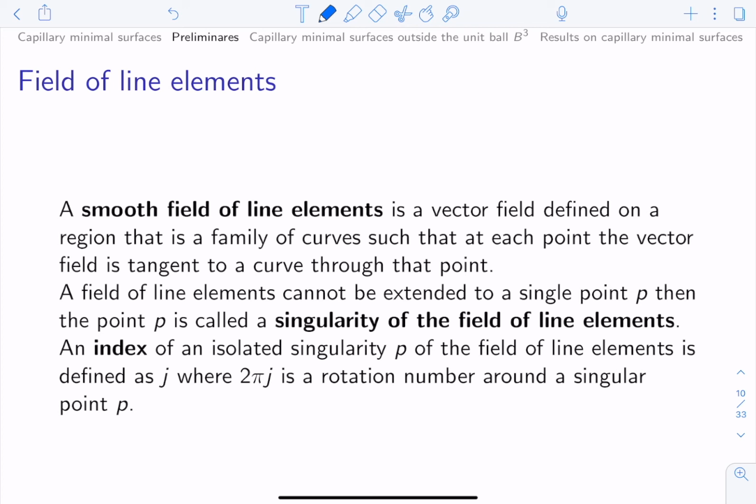If a field of line elements cannot be extended to a single point P, then it is called a singularity of the field of line elements. And the index of an isolated singularity P of the field of line elements is defined as J, where 2 pi J is the rotational number around the singular point P.